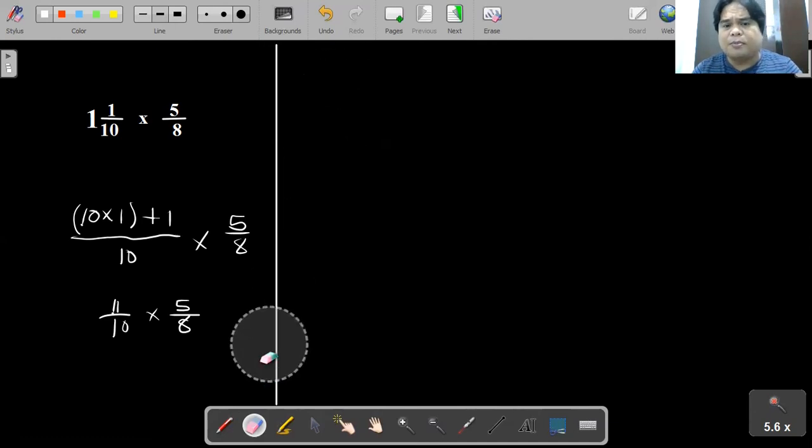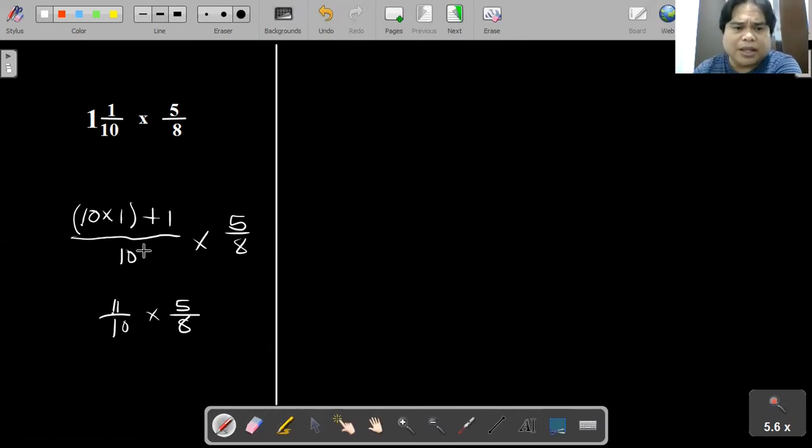The best way is to simplify the fractions first before multiplying. For example, you have 10 as a denominator and on the other fraction you have 5. Both have the same factor, which is 5, so you can simplify them first.